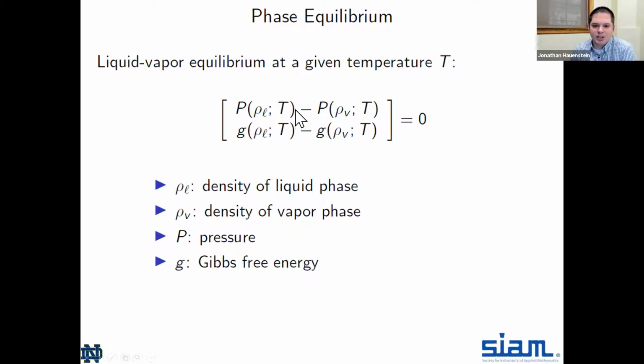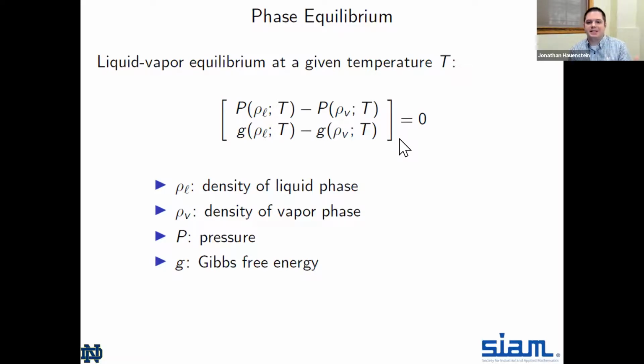The temperature will implicitly change the densities: the density of the liquid phase and the density of the vapor phase. What you want to do is tune this so that the pressures are equal. So you have constant pressure and constant Gibbs free energy. This is a system with two equations and two variables with one single parameter.